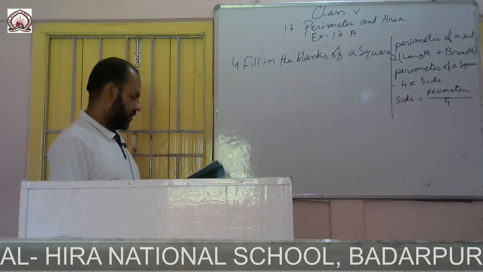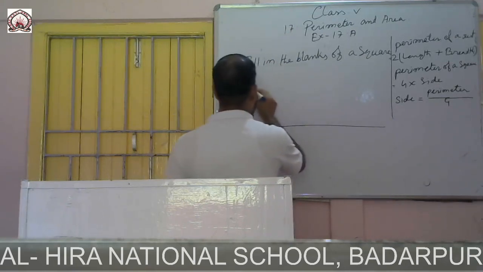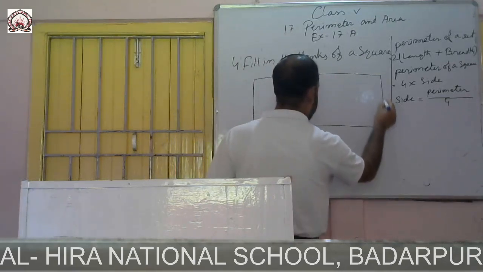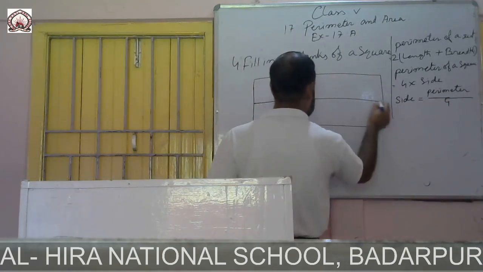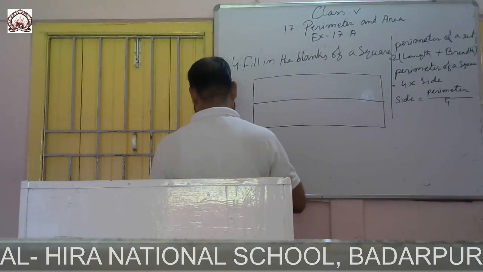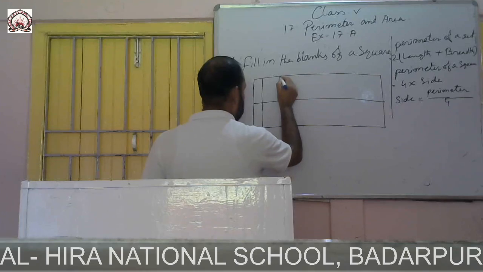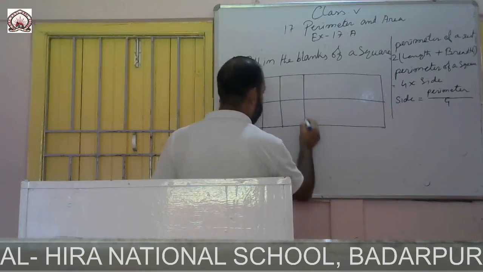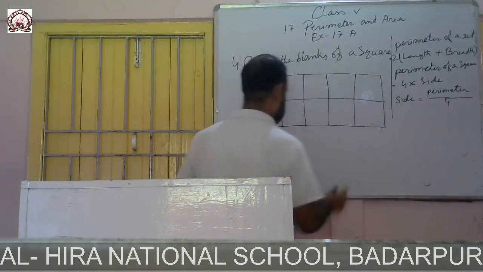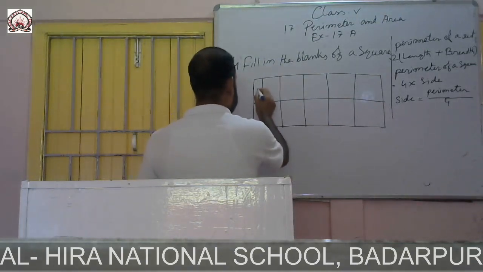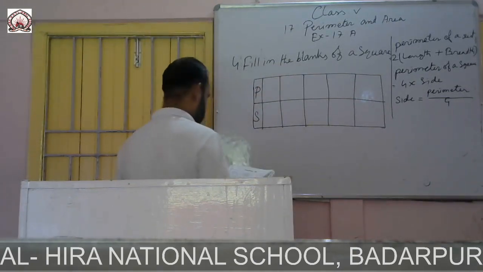So now, 1 2 3 4 5 6. So here P means perimeter, S means side.